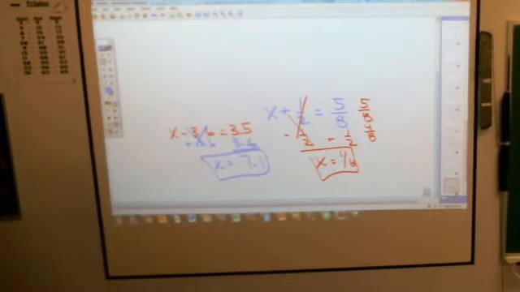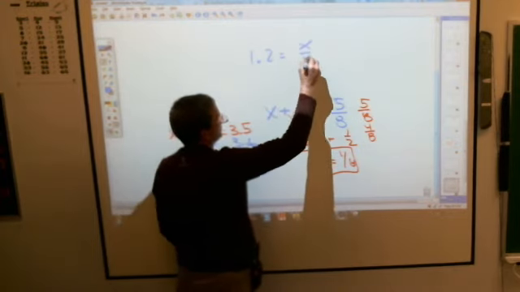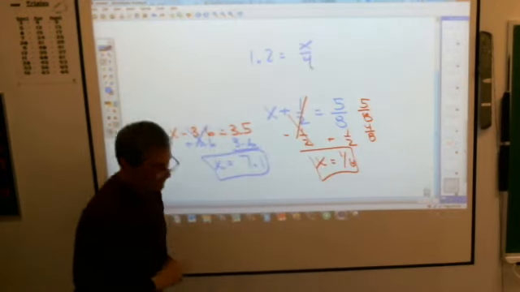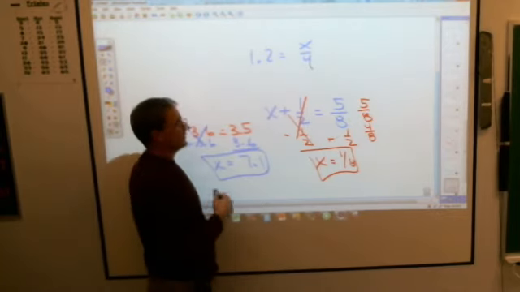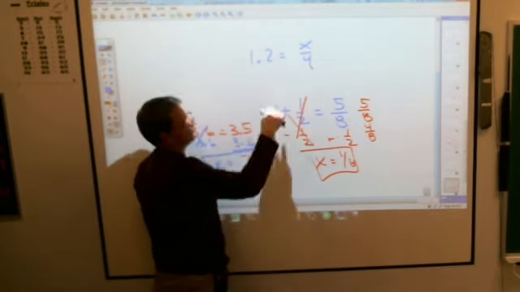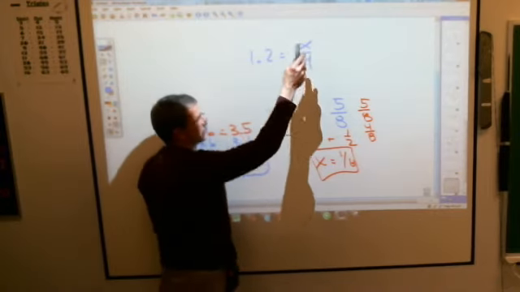Well, how about this one? 1.2 equals x over 4. Don't let what side the letter is on the equation scare you. You can always flip-flop. I could put the x over 4 over here and 1.2 over there. If it's equal, it doesn't matter what side it's on. But what type of equation is this? X divided by 4.